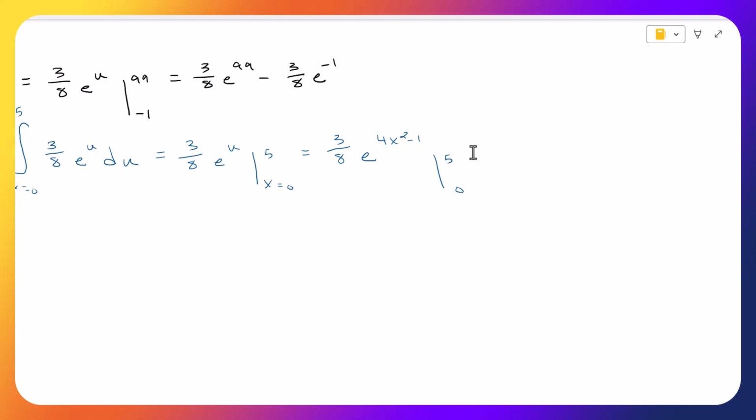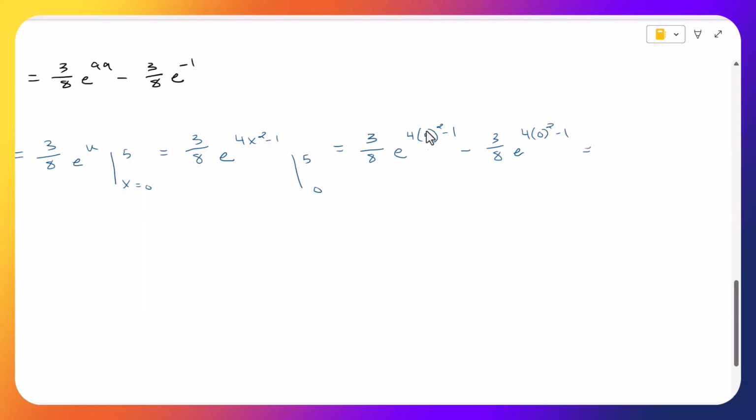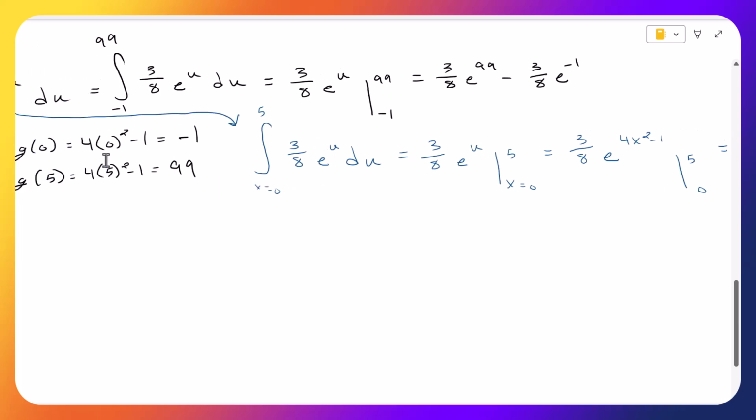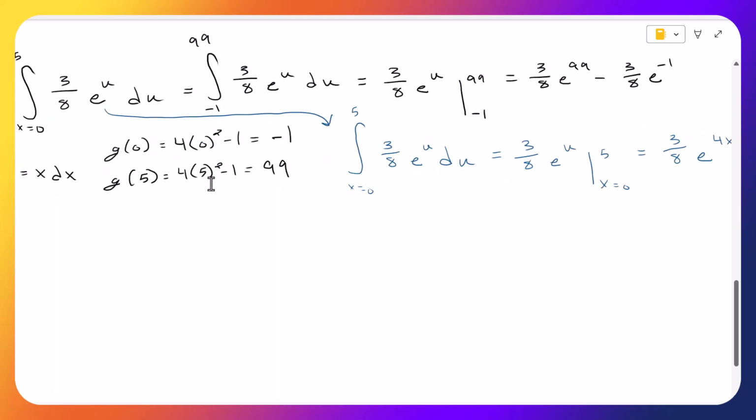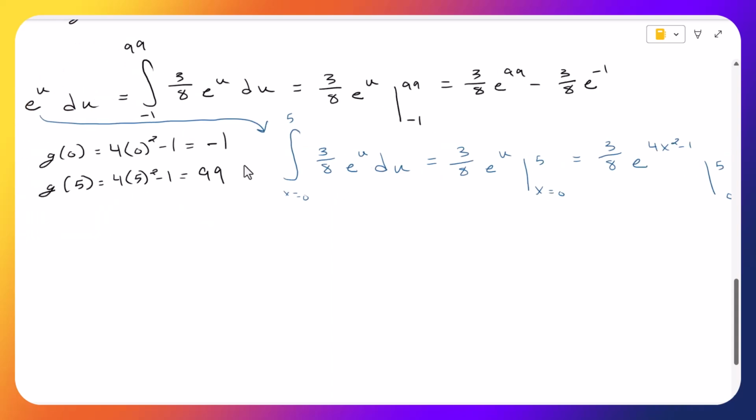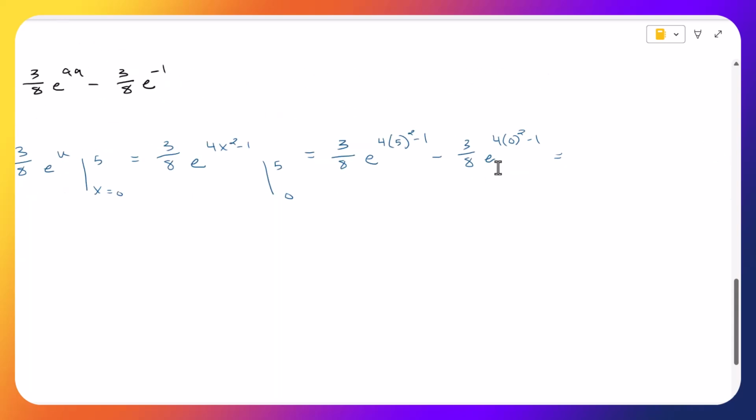And if you'll notice something, this 4 times 5 squared minus 1, and 4 times 0 squared minus 1, we already did that. That was this part over here when we changed our bounds of integration. And so 4 times 5 squared minus 1 is 99. This is just going to become this one up here, 3 over 8 e to the 99. This is just going to become negative 1 minus 3 over 8 e to the negative 1. And we end up getting the same thing.